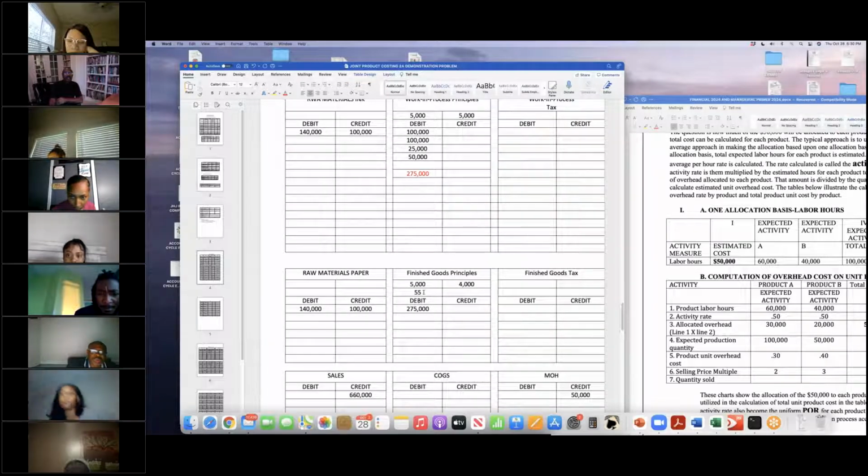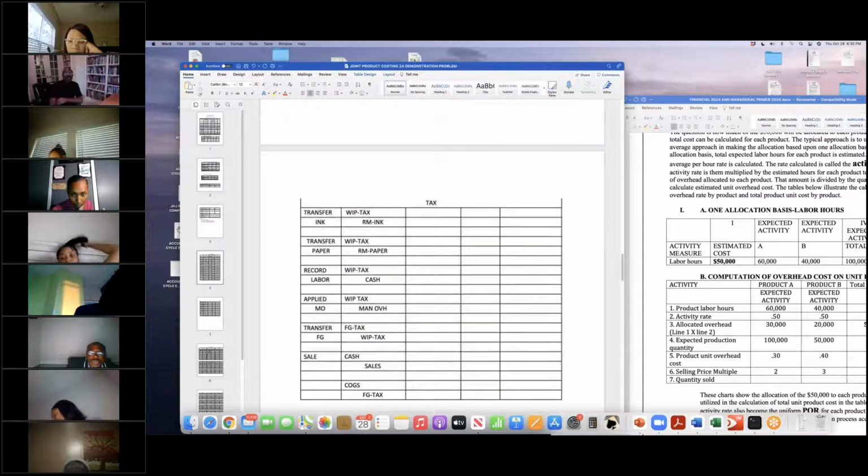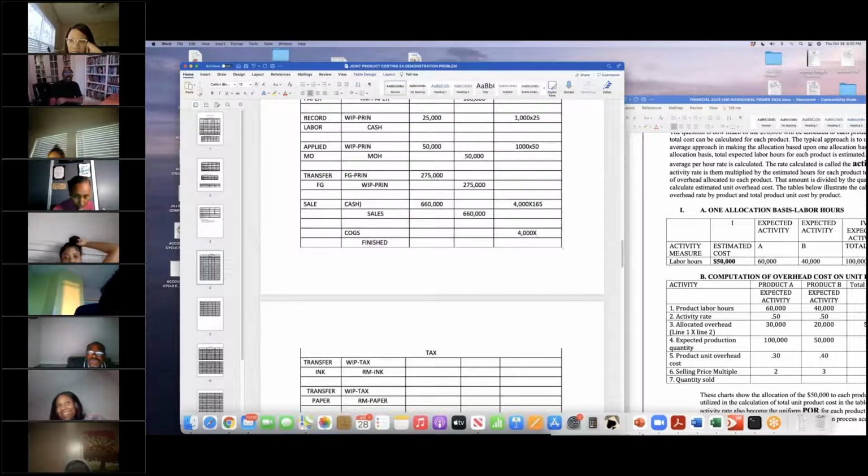Unit cost. Is the unit cost $55? Correct. So we simply are gonna multiply the 4,000 times 55.